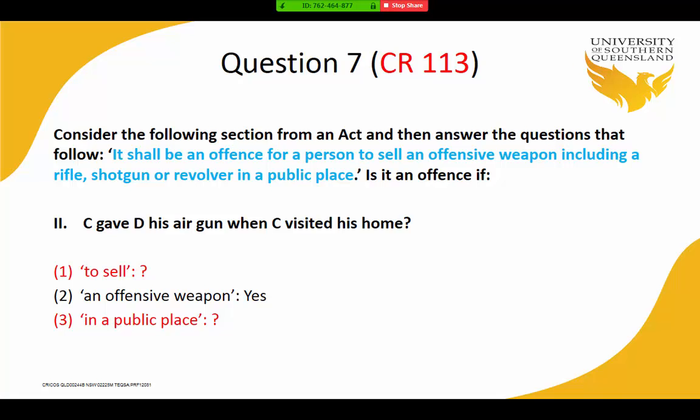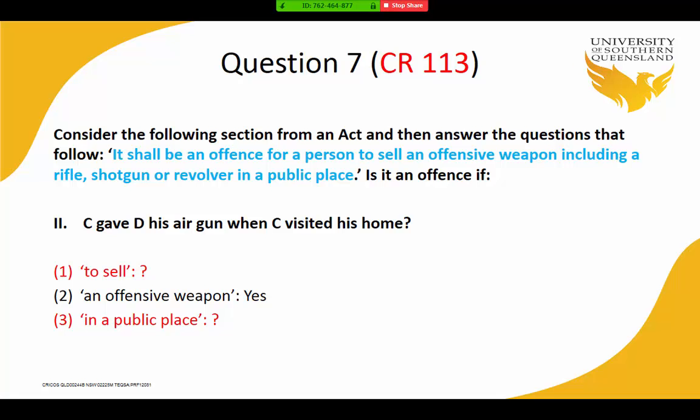What are you going to say to convince that this is something that was in the nature of selling, or that it was in a public place? What can you argue to say that it was a selling? It says he gave him this air gun when he visited his home. What can you say? We don't know. I gave you my pen when you came and visited my home.